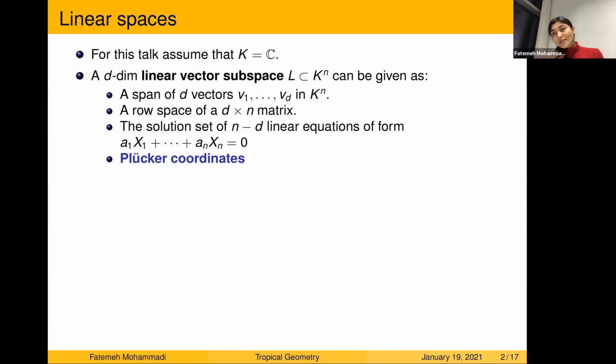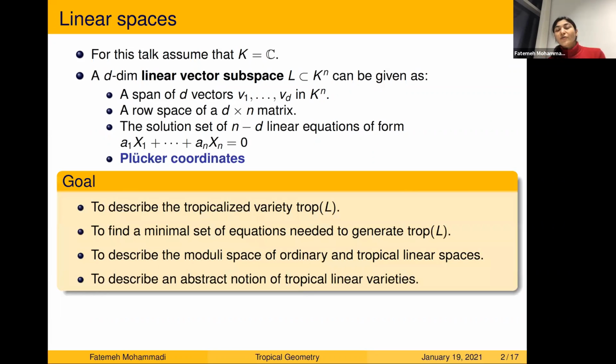Okay, so what is the goal of this talk? We are going to start by taking a d-dimensional linear vector subspace L, and mainly we are interested in describing the tropicalization of the corresponding variety.